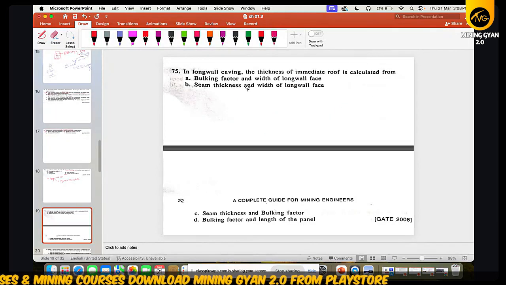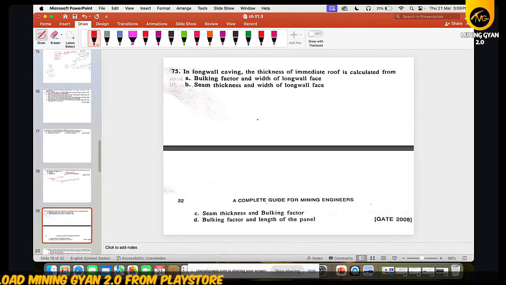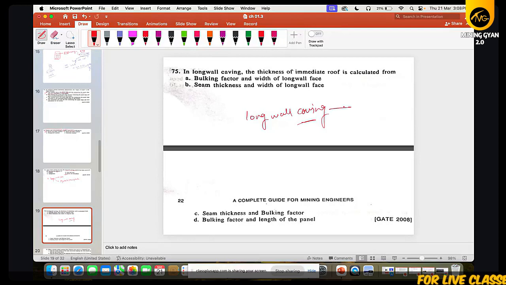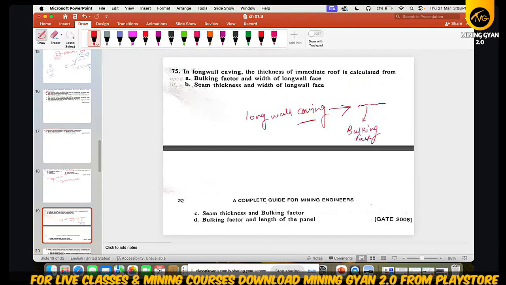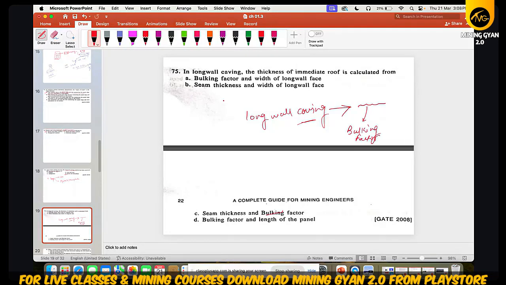In longwall caving, the thickness of the immediate roof is calculated. So for the longwall caving method, the immediate roof can be calculated by, first, the bulking factor. So bulking factor, only options 2 and 3.